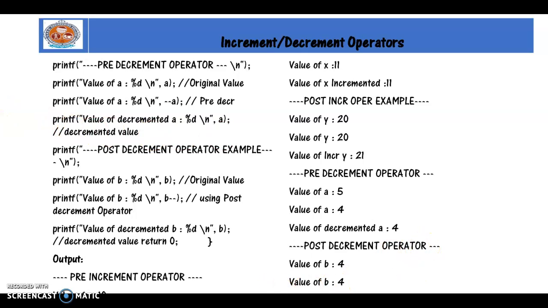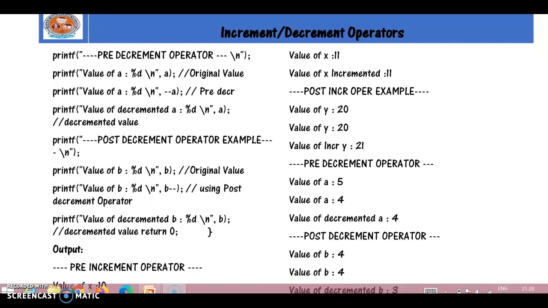Then, fine, next after that I am doing the post-decrementation operator. That is first the original value. As it is a post-decrementation, the original value will be placed on your output screen and the value at the memory location will get decremented. So what is the value of b here? It will be 3, right?